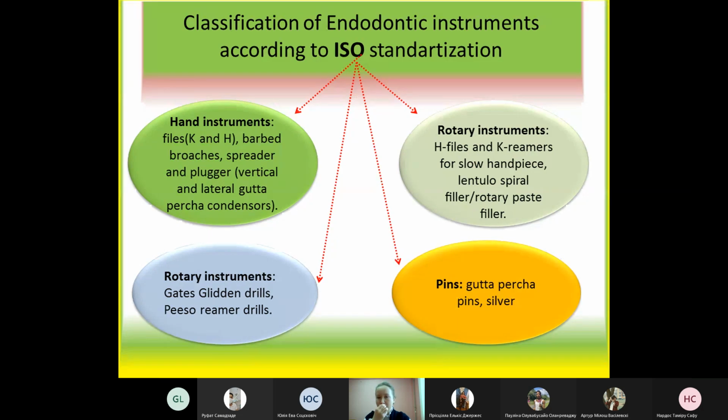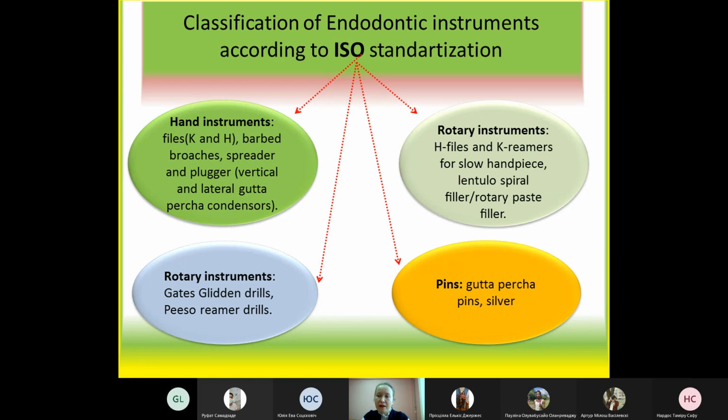All endodontic instruments are classified according to ISO standardization. They are as follows. Hand instruments, in particular files, K and H files, barbed broaches, spreaders and pluggers, vertical and lateral gutta percha condensers. Rotary instruments, H files, K reamers for slow-speed hand pieces, lentulo spiral filler or rotary paste filler.